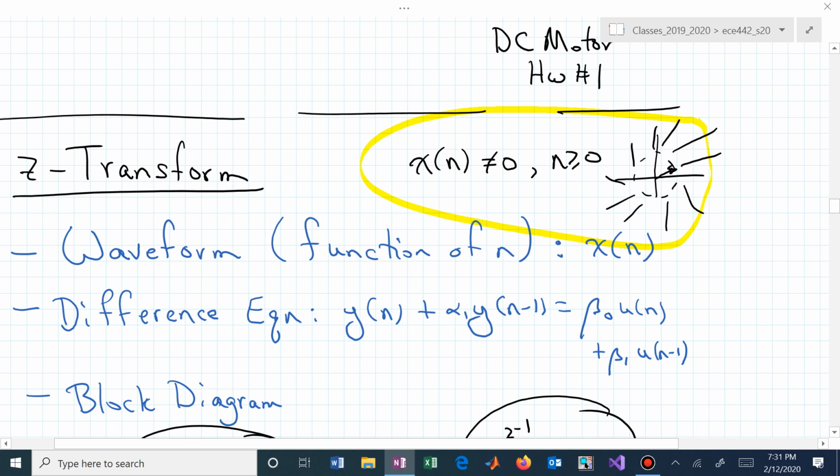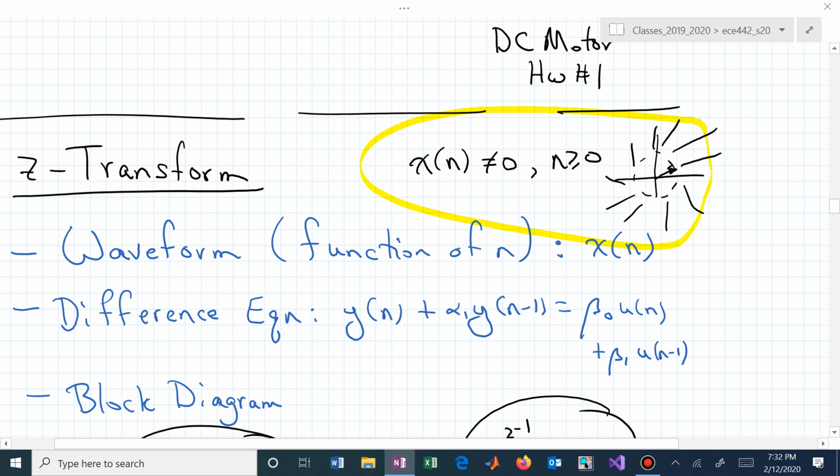And those regions of convergence are all beyond the largest pole in that transform expression for little x of n. For exam 2, that's when we'll start asking you about different regions of convergence, etc.